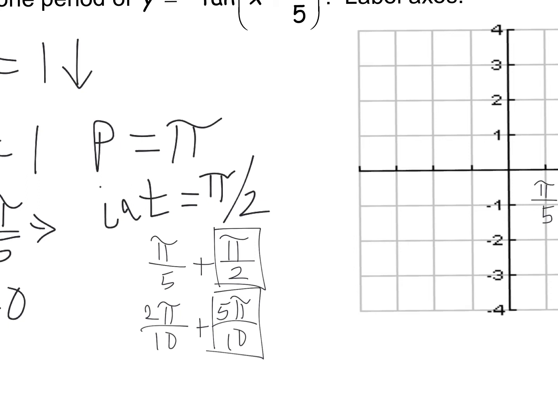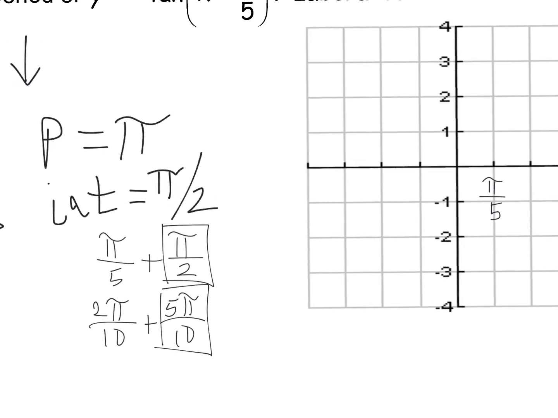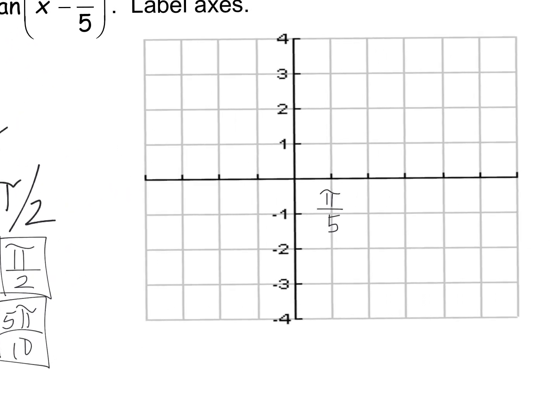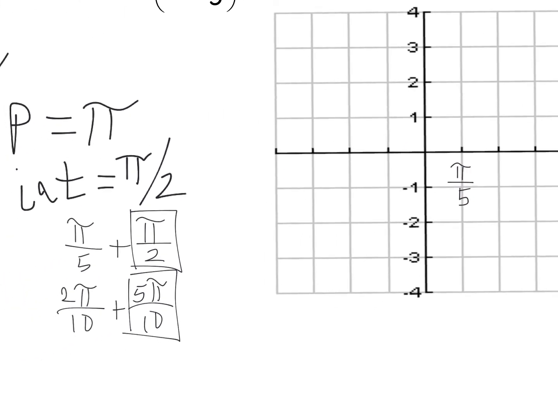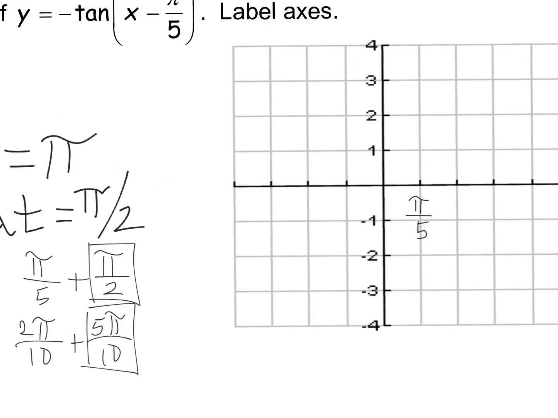They're not zeros or points. So let's see if we have 5 pi over 10s. If we start here, the 5 pi over 10s, so this is like 2, and we go 5 for every next key point.